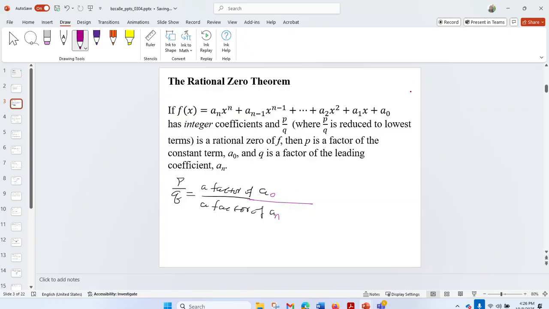A sub 0 is the constant term, the term with no x. And A sub n is the leading coefficient, so Q is a factor of the leading coefficient, okay?